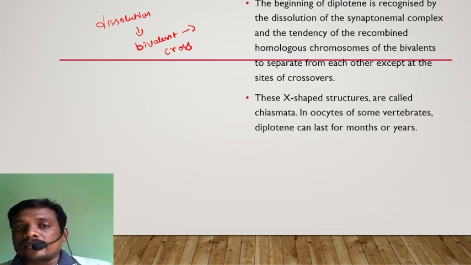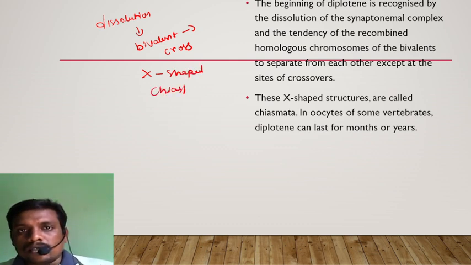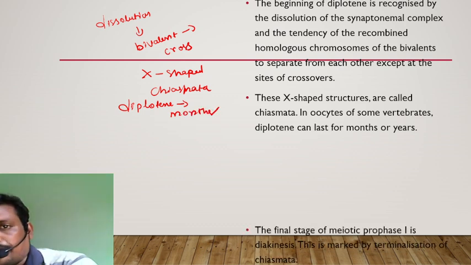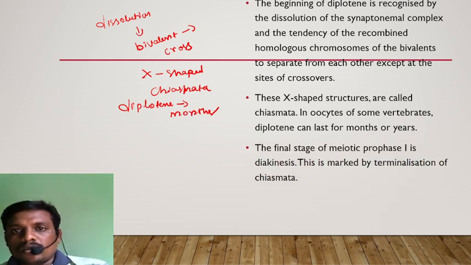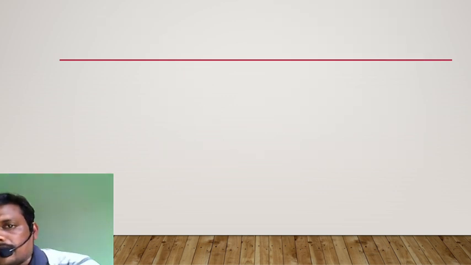This crossover helps to exchange the genetic material. The X-shaped structures are called chiasmata. In oocytes of some vertebrates, the Diplotene can last for months or years. The final stage of the meiotic Prophase I is Diakinesis. This Diakinesis is marked by terminalization of chiasmata.